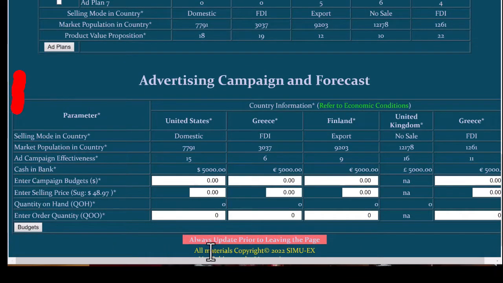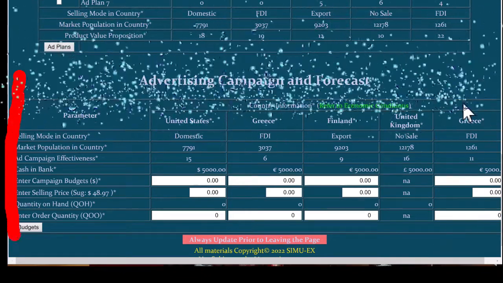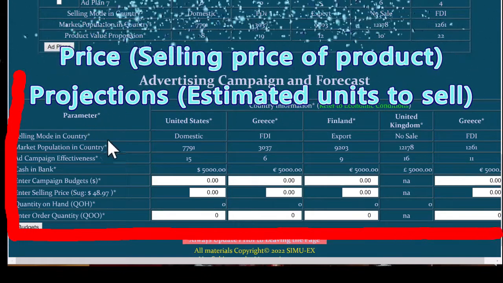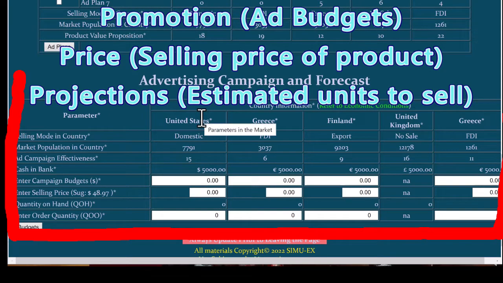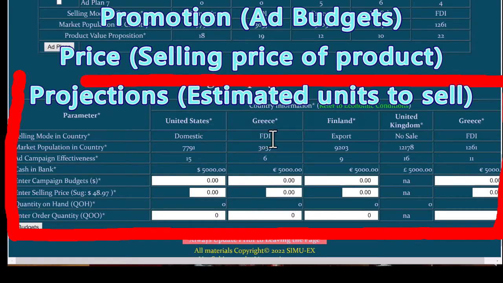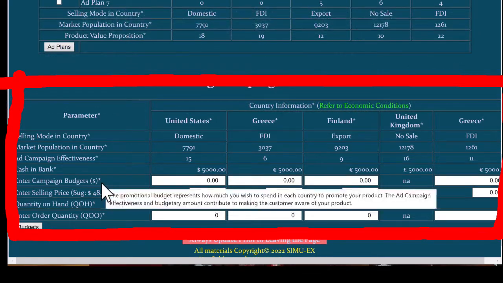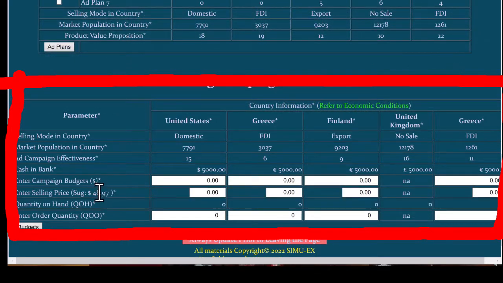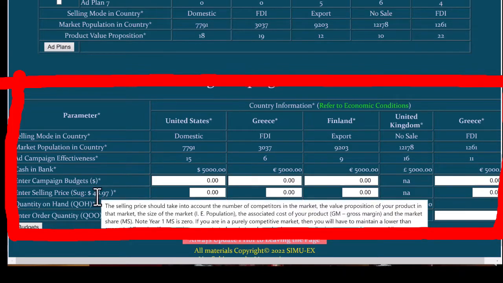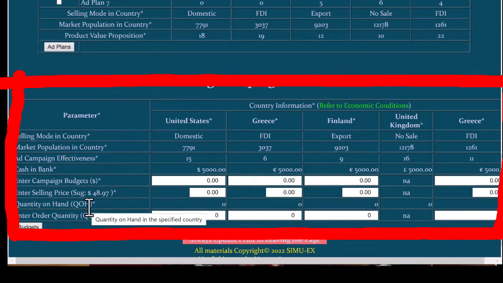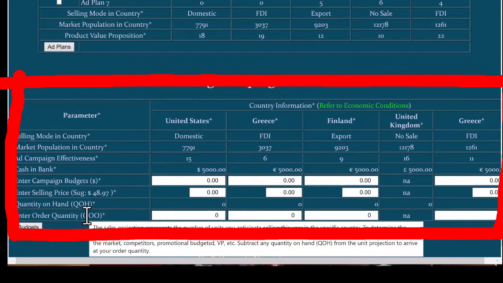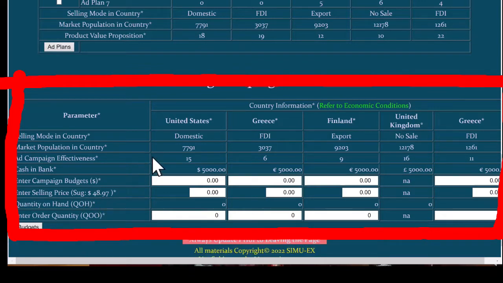The second stage of decisions that are made are associated with promotion, which essentially makes the demographic aware of the product, and the selling price and the number of units, i.e. the forecast, the number of units that are going to be sold. Again, we need to look at this from the perspective of the value proposition of the product itself and the promotional effectiveness.